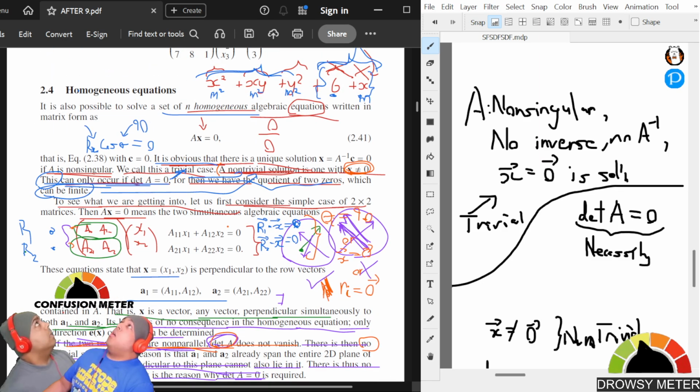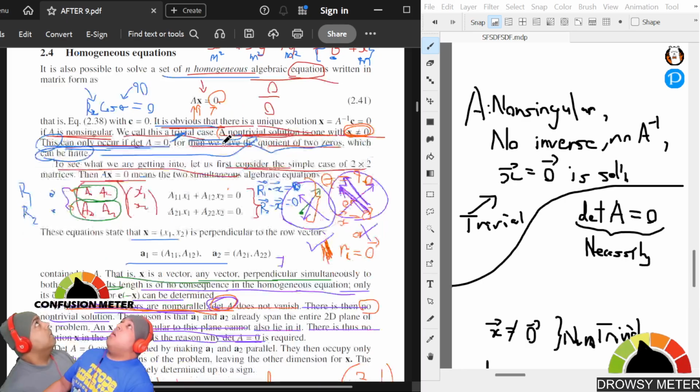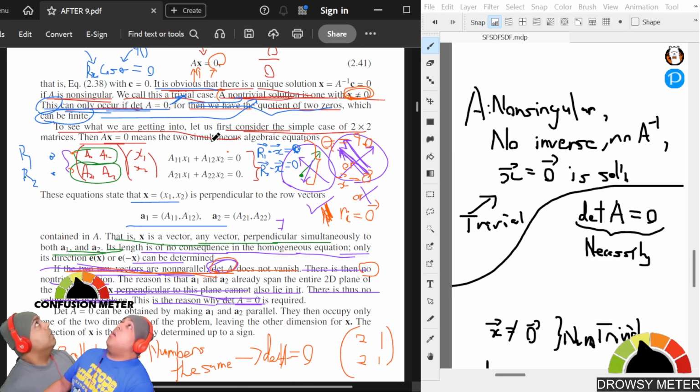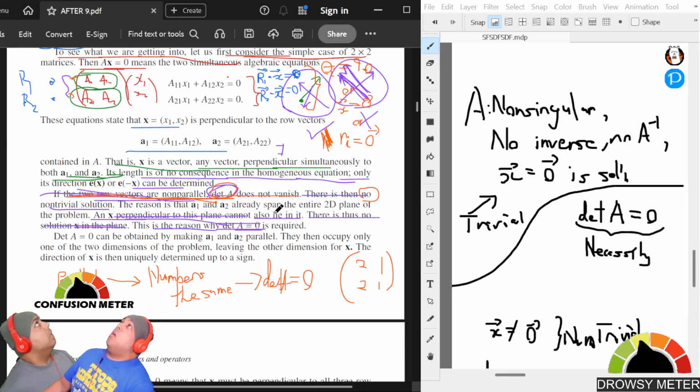If x had something in them, then AX would give something, it wouldn't give 0. So X needs to be 0 if A exists, right? We'll go with that logic.